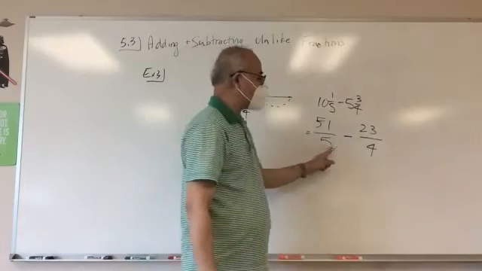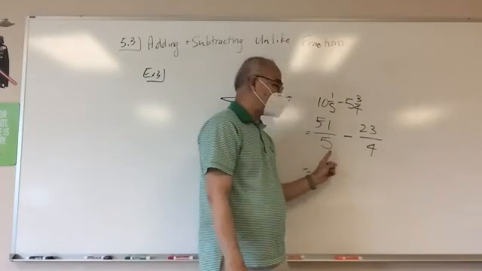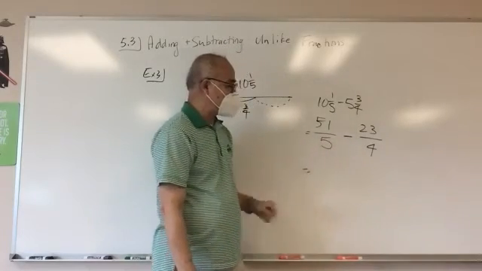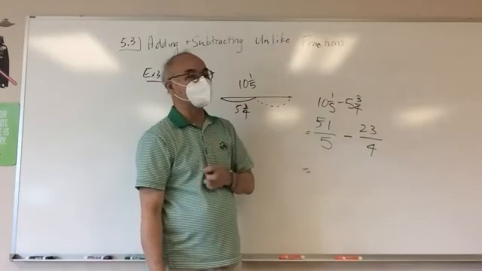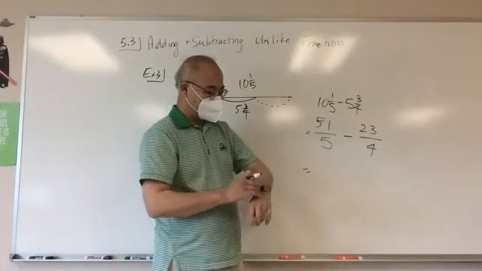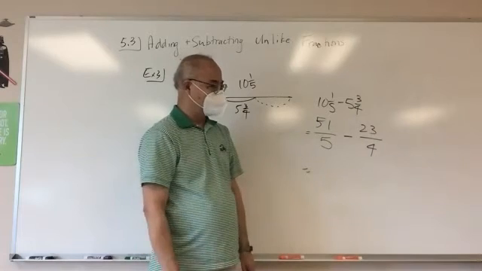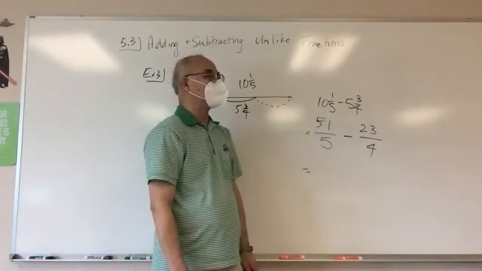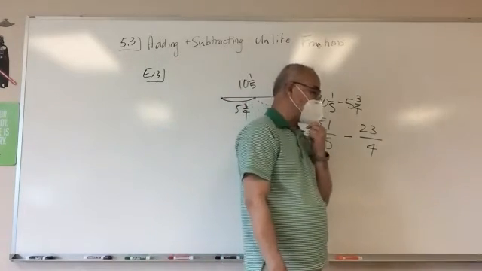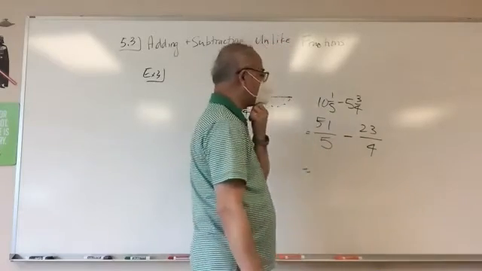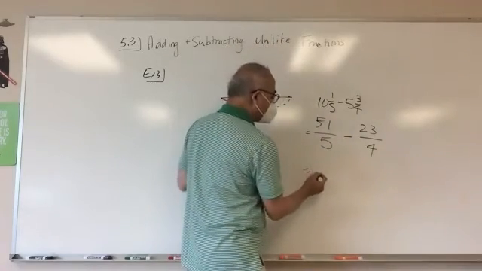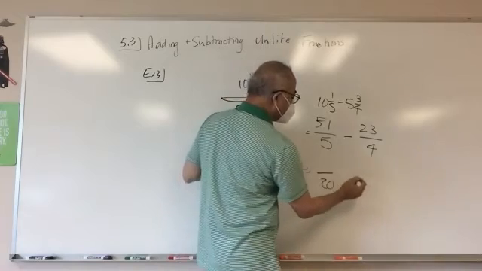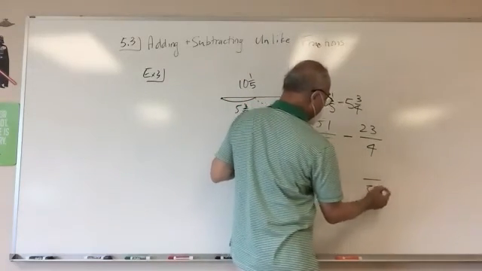Now I have to make these into common denominators, right? I want the same number underneath here. What is the least common multiple? That would be the greatest common factor, not the least common multiple, right? Least common multiple will be 20, right? 4 times 5 is 20.